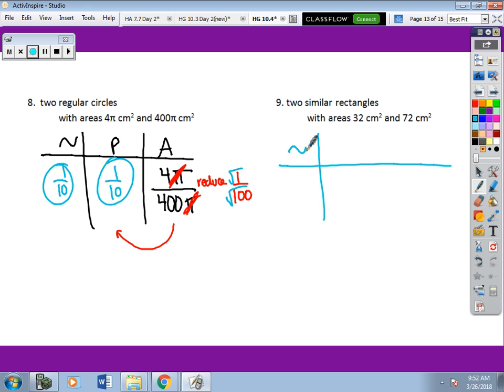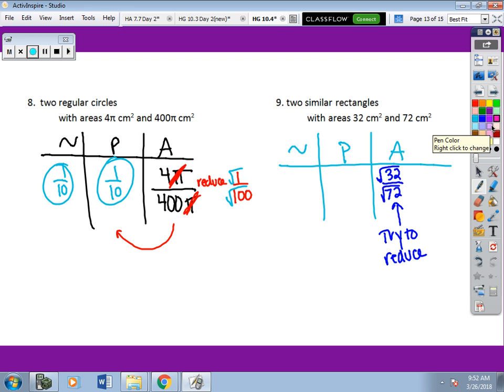And the last one, we have the areas are 32/72. Now again, if I go straight to square rooting, I don't know what the square root of 32 is. So try to reduce first. 32 is divisible by 2, or it could be divisible by 4, or it could be divisible by 8.